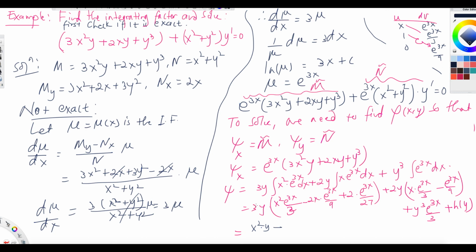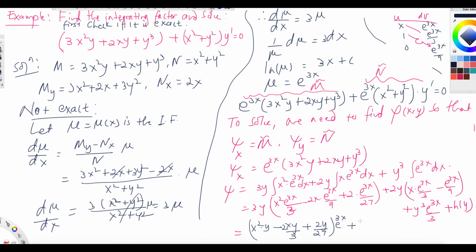2x. Oh, there is 3 and 3 will cancel out, so you'll get xy, and then there is 2xy divided by 3, right? You see that? 2xy divided by 3, because 3 and 3 will cancel out. And then plus 2 and then y divided by 27 times e to the 3x, right? That's the first one.